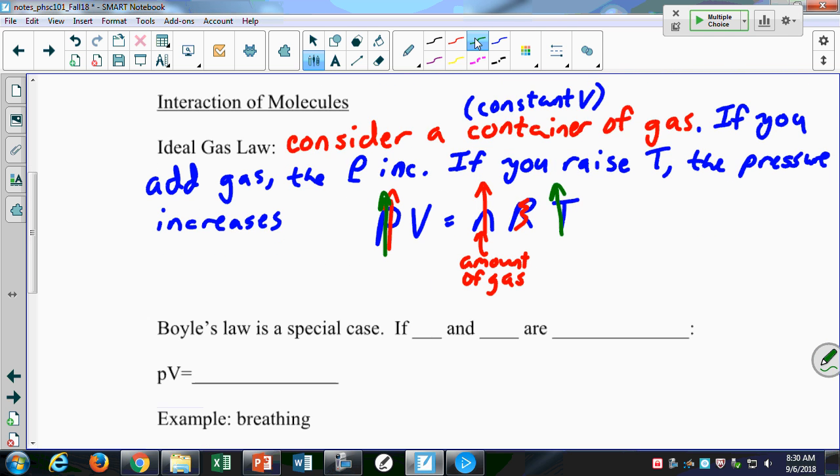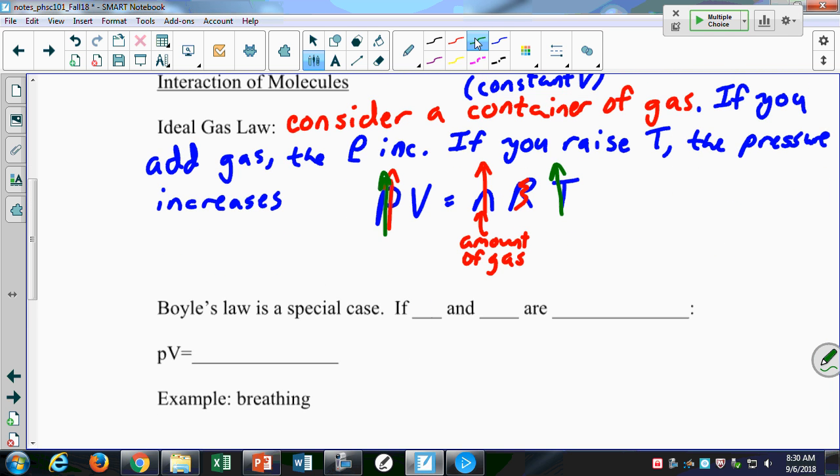The ideal gas law is really the combination of separate laws, Boyle's law, Charles' law, and Avogadro's law. Boyle's law is a special case.